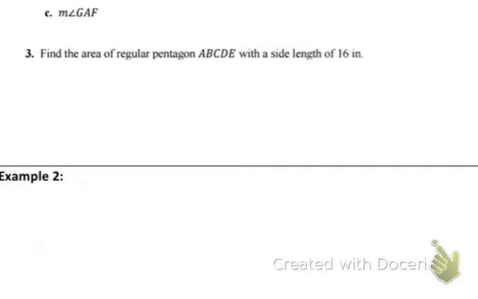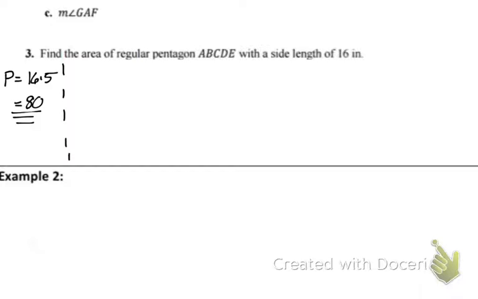Well, I don't have either thing yet, but I can get perimeter really easy because perimeter equals 16 times 5, which is going to equal 80. So we have our perimeter. That's one thing. Now I need to get my apothem.